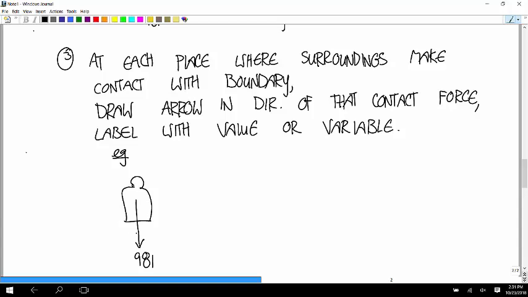The scale, and this is the next thing we're going to talk about, is how to know what direction certain contact forces are acting in. But the scale is pushing up from the ground onto the person's feet. So the direction of that force is like that. And we don't know at first glance what the magnitude of that force is. So we'll just label it with a variable. And I'm going to call it capital N for normal force.